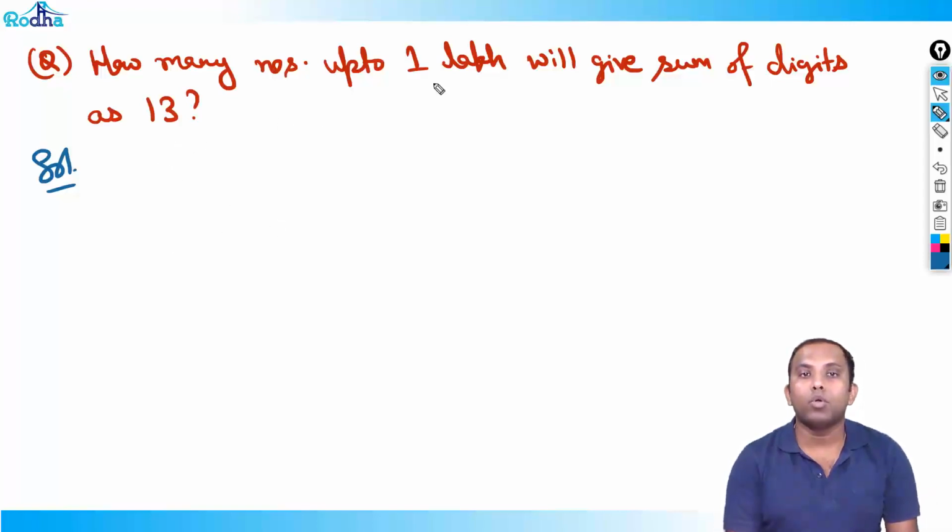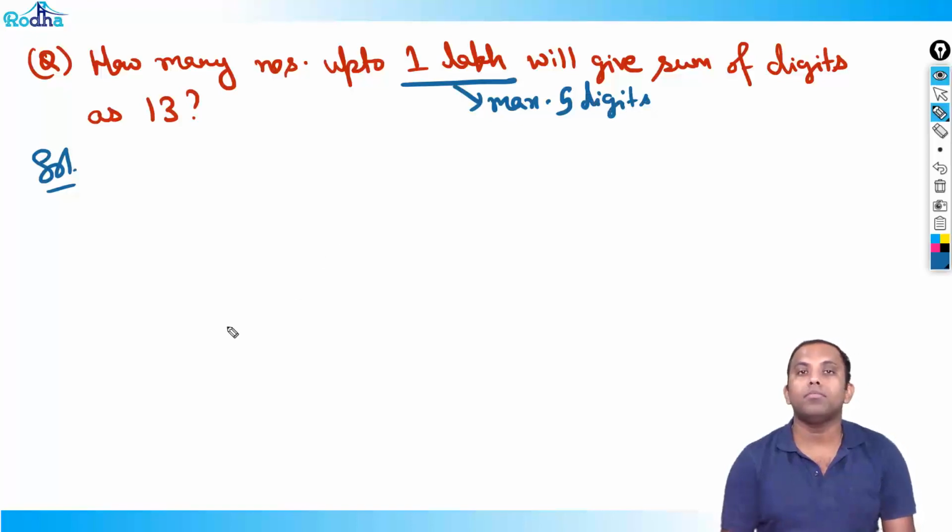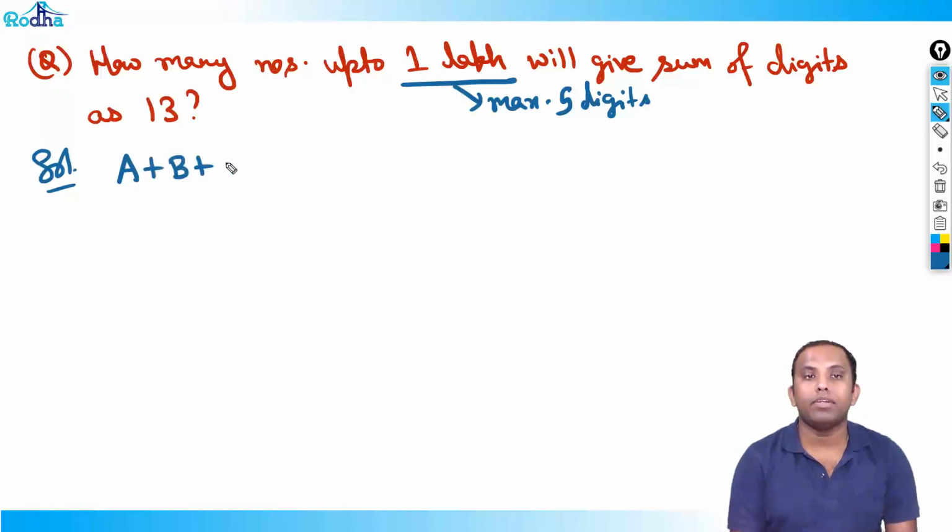So see, up to 1 lakh means again what? It is maximum how many digits? Maximum 5 digits, because 99,999 is up to maximum 5 digits, right? So again, the sum of the maximum 5 digits is equal to 13, right? If I write the total number of solutions here, what is it? a plus b plus c plus d plus e is equal to 13, because all can be greater than or equal to 0.